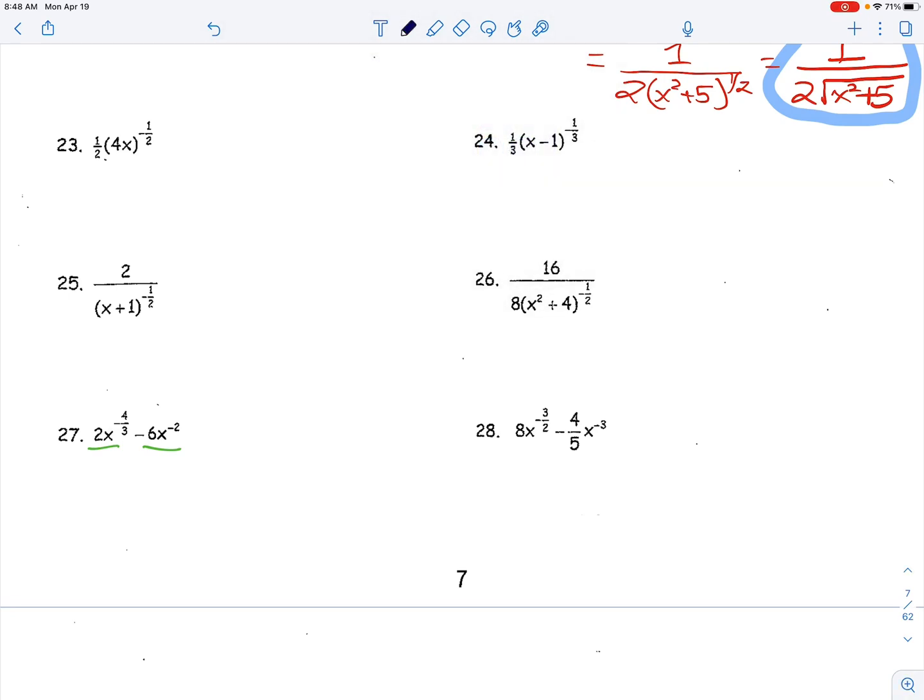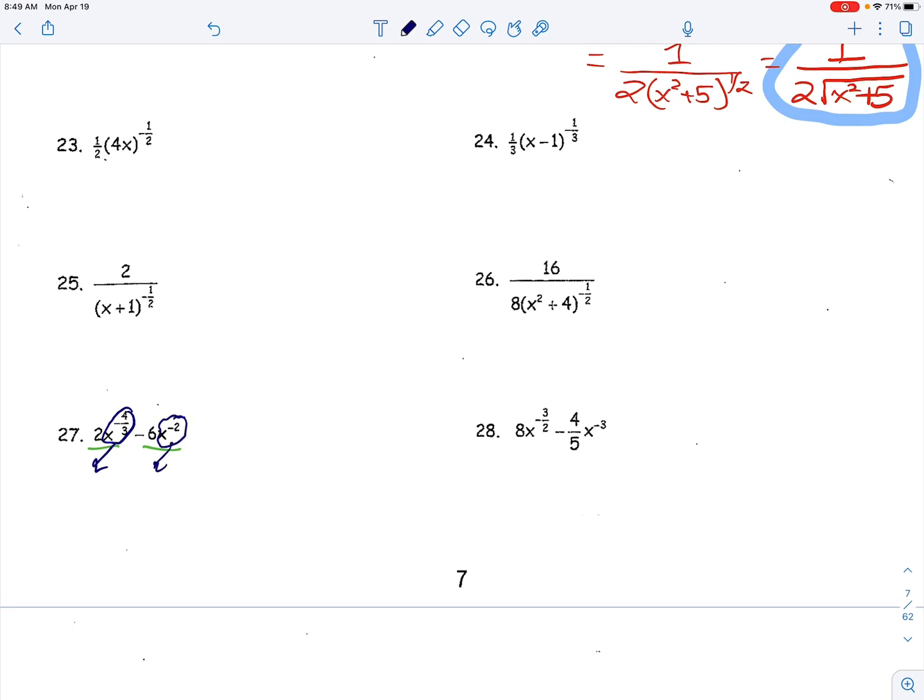So the x is being raised to the negative 4/3, right? The 2 there is not in parentheses like 2x; the 2 is being raised to the power of 1, not to the negative 4/3. If it was, there'd be parentheses around the 2x. And same thing with this 6x to the power of negative 2.